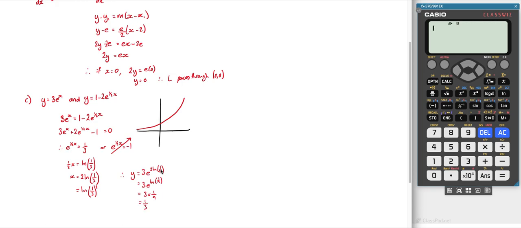So my point of intersection is ln a ninth, a third. I would not be using the calculator to work out what ln a ninth is. I'm just going to leave it as ln a ninth.